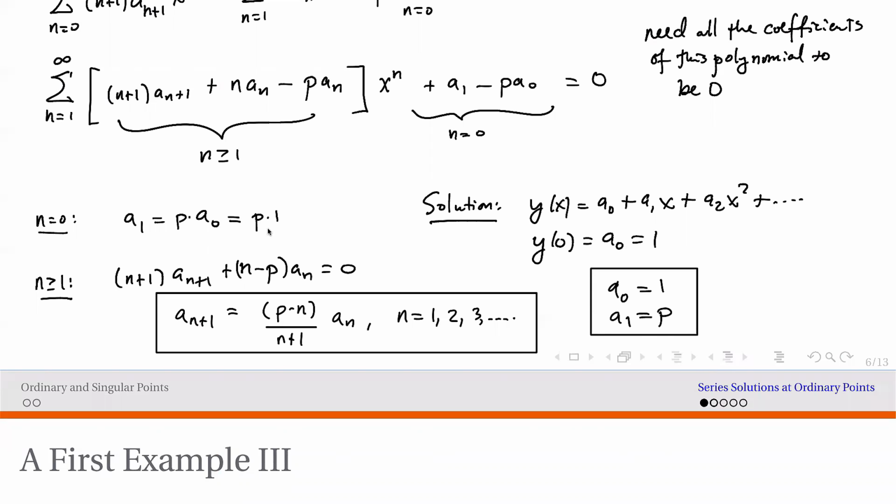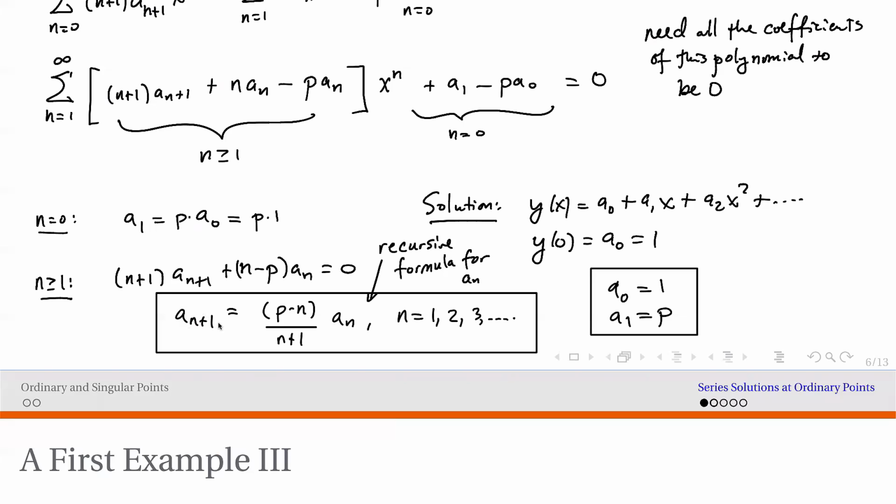So I want to make sure that we understand what the names of these things are. This is called a recursion. So this is a recursive formula or recursive definition for determining the a sub n, the coefficients.